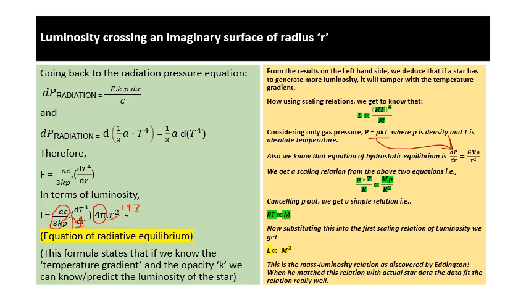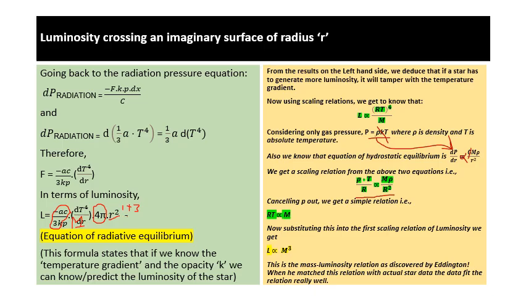So rho kT, k is a constant, opacity is a constant, considering it to be a constant for a star, we get rho T by r is proportional to M rho by r square. G is also a constant, so it also cancels out and we get a proportionality relation.